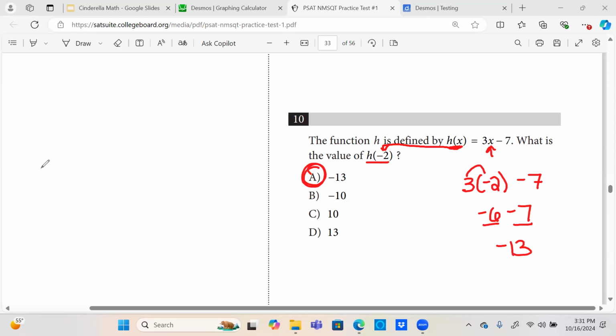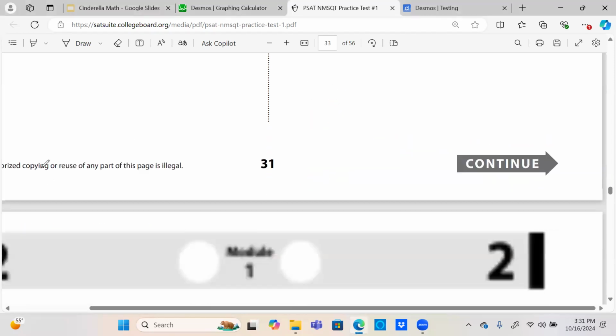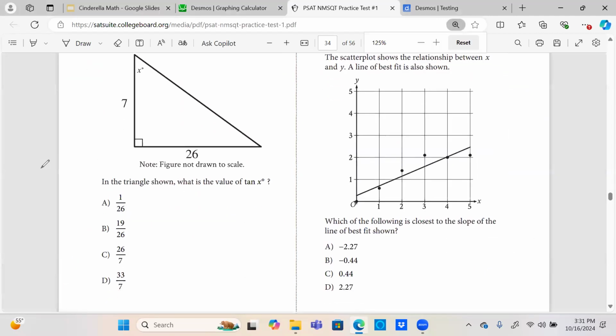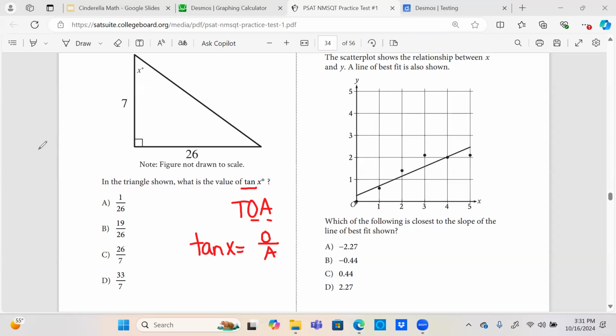Next page. In the triangle above, excuse me, what is the tan of x? So this is some trigonometry here. Tan is TOA. So tan of x is going to be OA, opposite over adjacent.